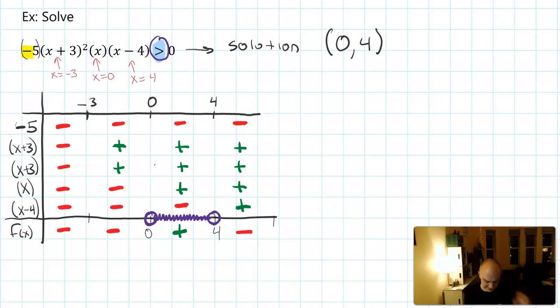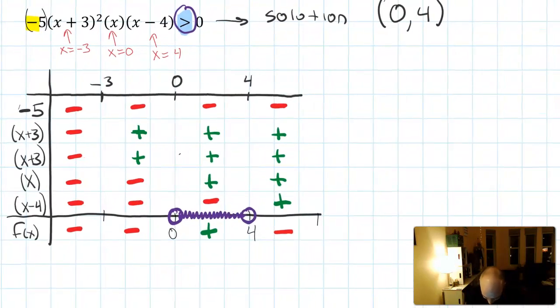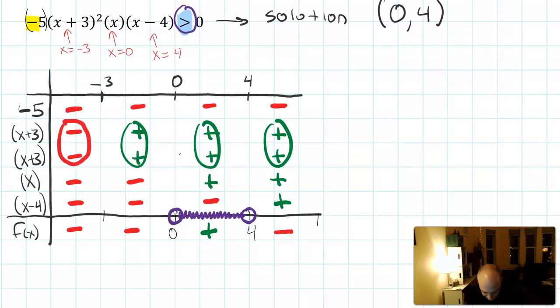Just a few other ideas here before we close out the video, mostly about this x plus 3 squared. Notice that the x plus 3 factor that I had twice was mostly always positive. But the one time that it was negative, there were 2 negatives together, and 2 negatives together effectively make a net positive. I didn't actually need this line.